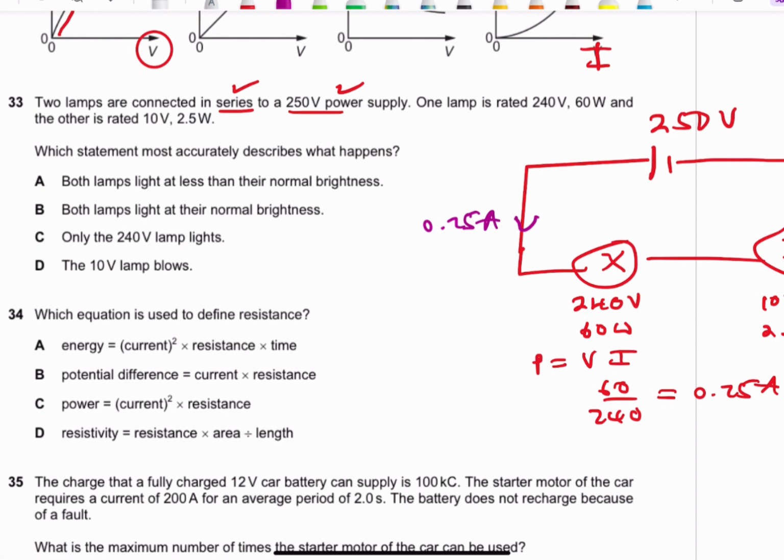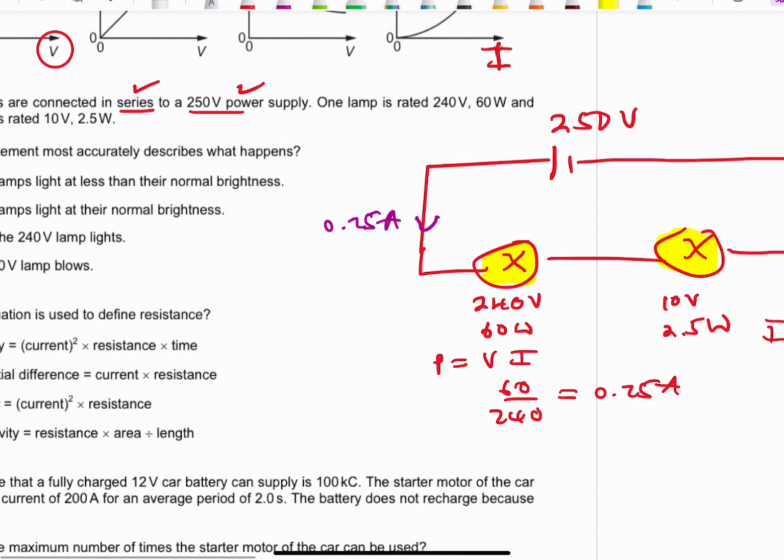So both lamps will just light at their normal brightness, right? Why would they light less than their normal brightness? It doesn't make sense, because this will light up and this will light up at their normal brightnesses. Maybe the current is less, maybe the voltage is less. But from this circuit, I have 250, sorry, as my power supply. If I had 230 as my power supply, I might say, sure, maybe it won't light as bright.